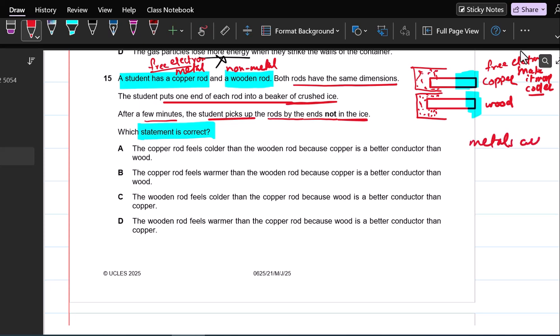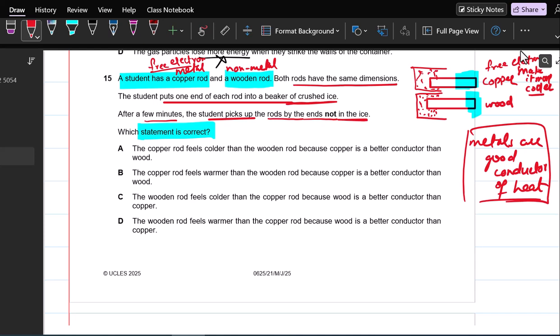Metals are good conductors of heat. If they are good conductors of heat, they are going to conduct this cold as well. So wood is not a good conductor, by the way.